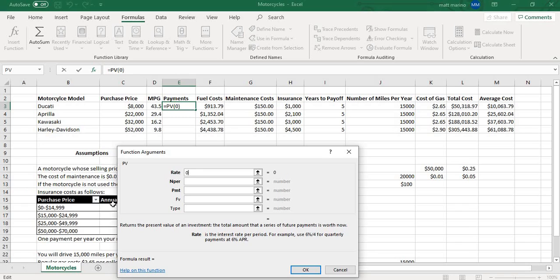So here our rate is 0% because our assumption told us that there is no interest. Our number of payments is 5 because we are making 1 payment a year in accordance to our assumptions. So what is the payment? Our payment is our average cost, what we are going to pay each year.